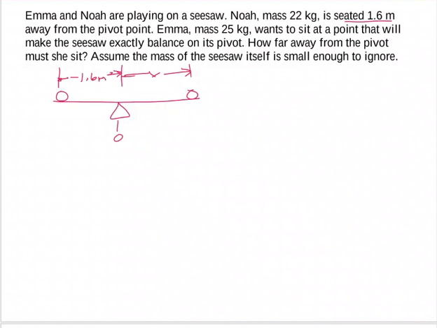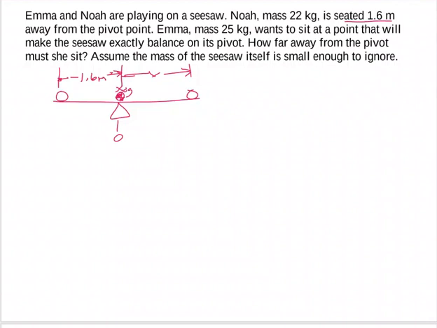Do we need to draw a weight force down off of each person? Okay, so we'll get there. Now, we want the center of gravity to be where? Right on the pivot point. That's right. So we want that to be there.